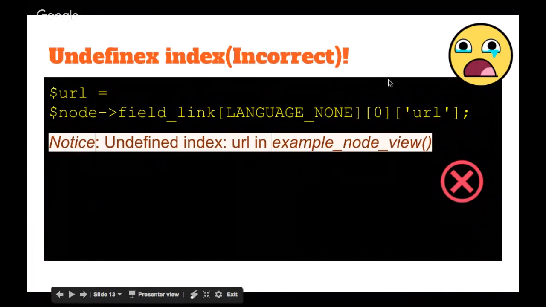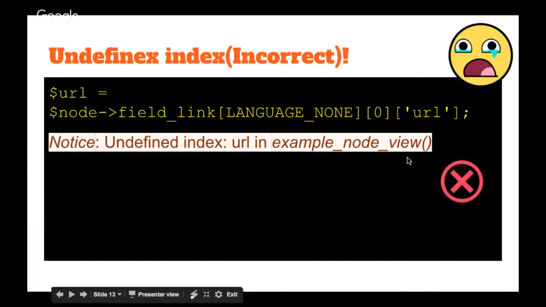If we leave this link field empty, then this part won't exist in the array. So that's why it is complaining. The index url doesn't exist and it's undefined. So that's why we get this issue.